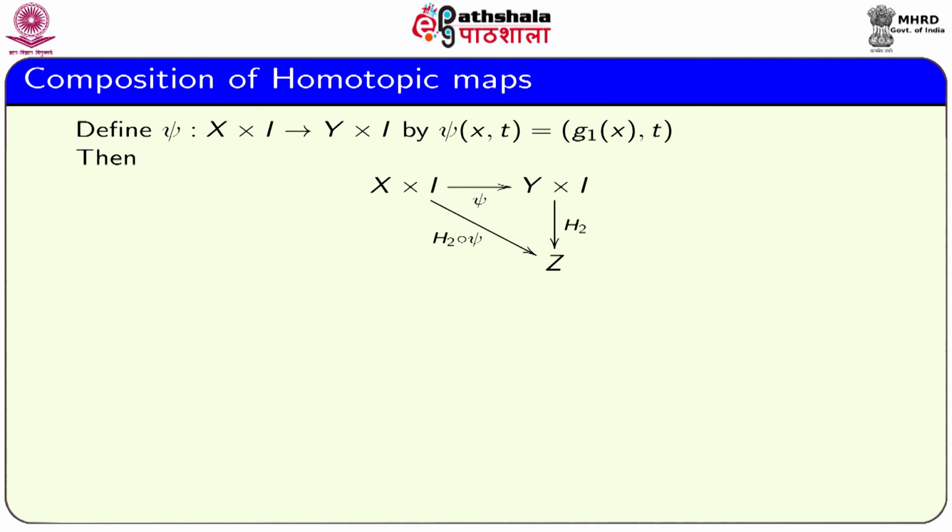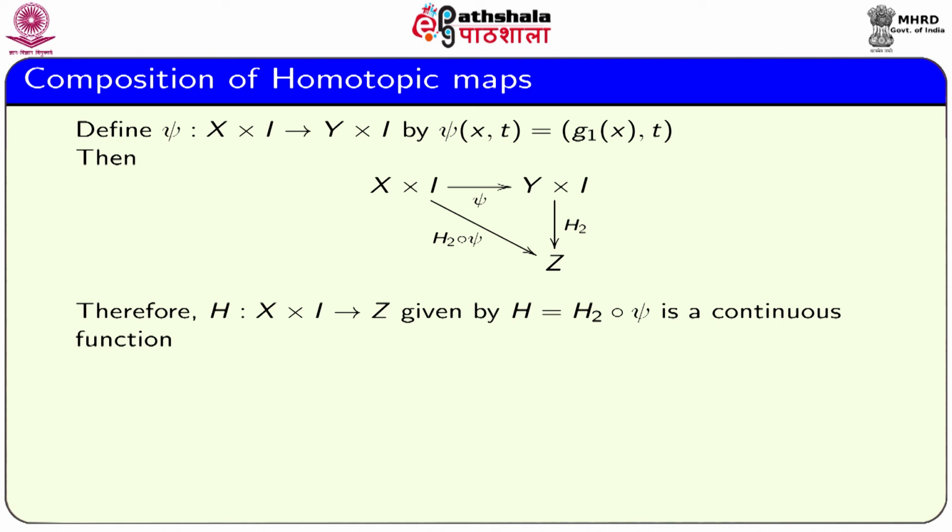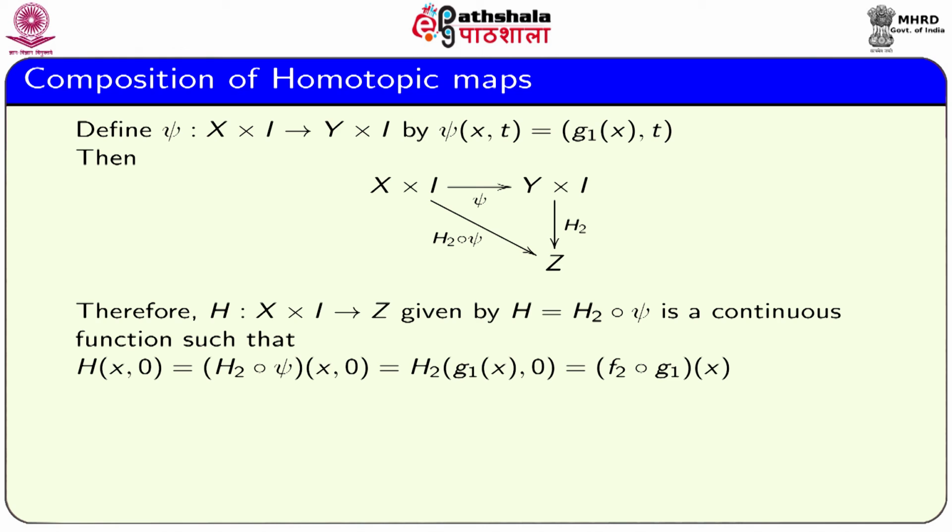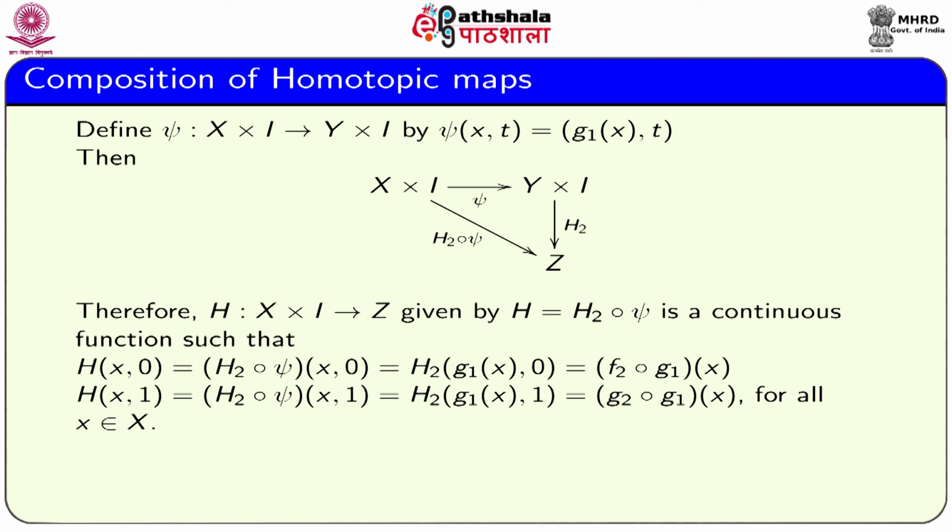H2 is a continuous map from Y cross I to Z. So their composition H2 composed psi is a continuous function from X cross I to Z. Therefore, if we take that function H2 composed psi as H, then it is a continuous function satisfying the condition that H(x,0) gives me f2 composed g1 of x and H(x,1) is equal to g2 composed g1 of x for all x belonging to X. Hence, f2 composed g1 is homotopic to g2 composed g1 via the homotopy H.